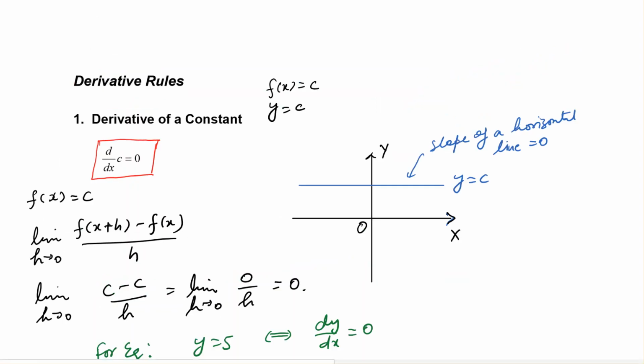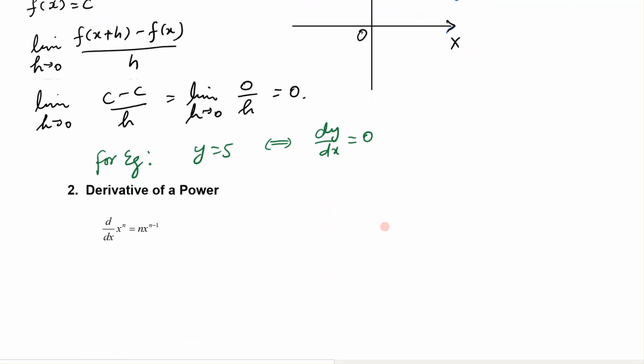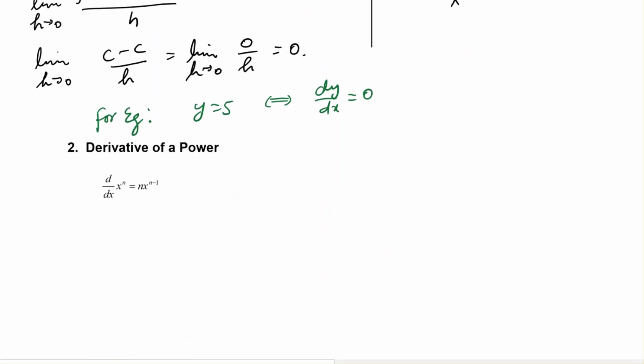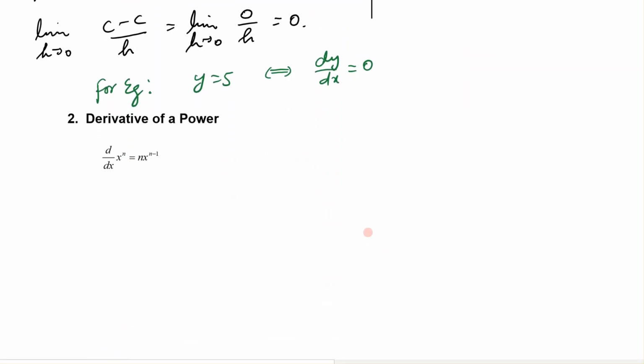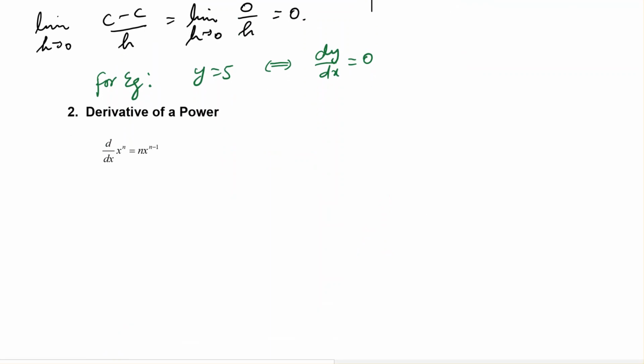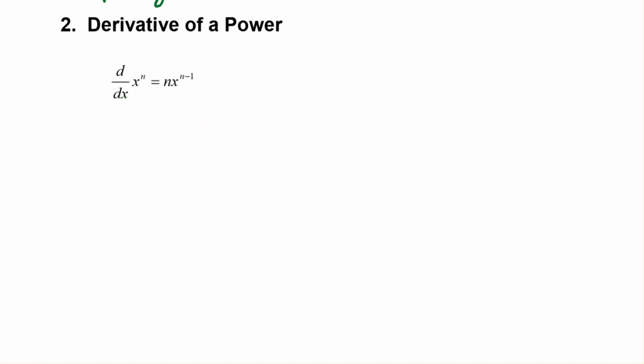Next, we are going to talk about the derivative of a power function. A power function is a function where we have the nth power of x. If we want to find the derivative of x raised to power n, the formula is: you bring the power down, so the power is multiplied by x raised to power n minus 1.